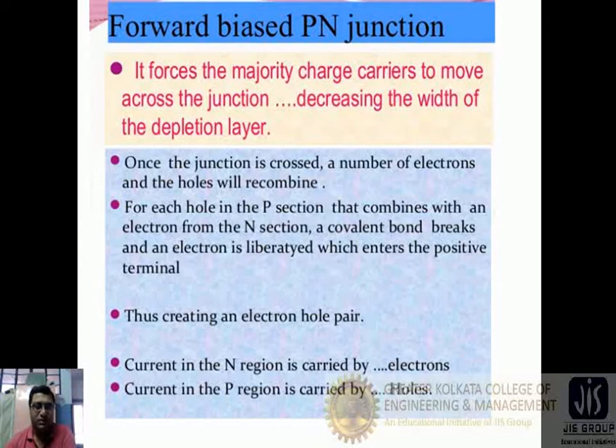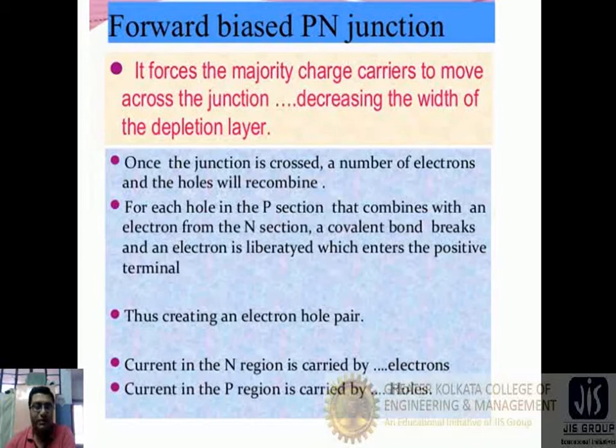Once the junction is crossed, the electrons and holes will recombine. For each hole in the P section that combines with an electron from the N section, a covalent bond breaks and an electron is liberated.